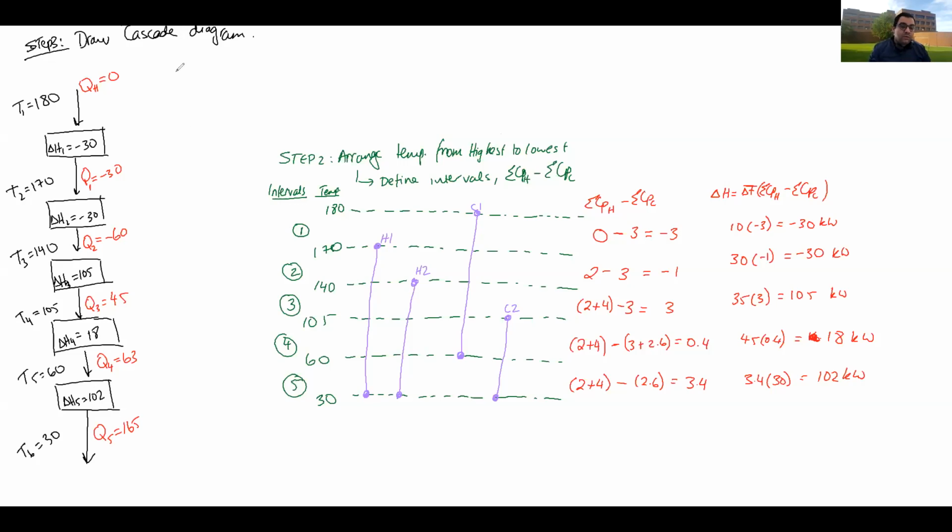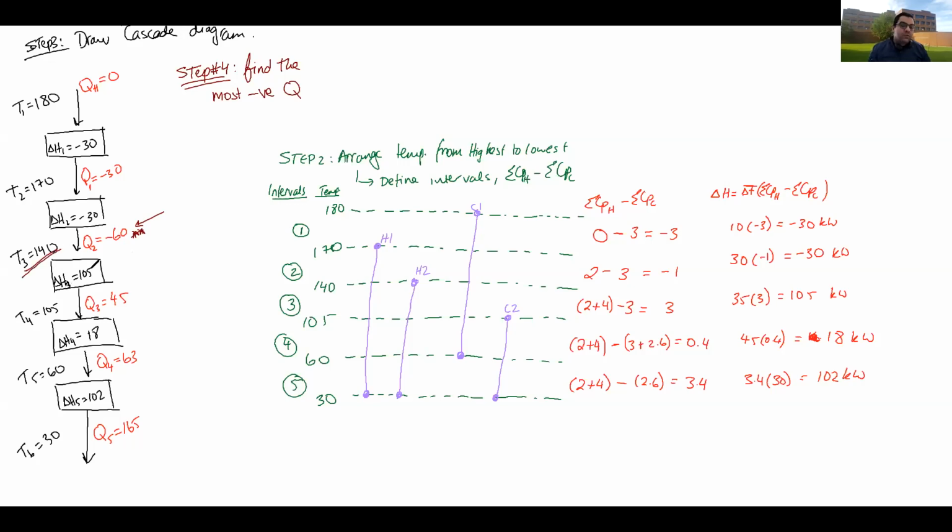Okay, so now after drawing my cascade diagram, what's the next step? Step 4: find the most negative point, most negative Q. And this is very important. So in this case, the most negative Q is at this point, right? This is the most negative, and this is my pinch temperature, okay?